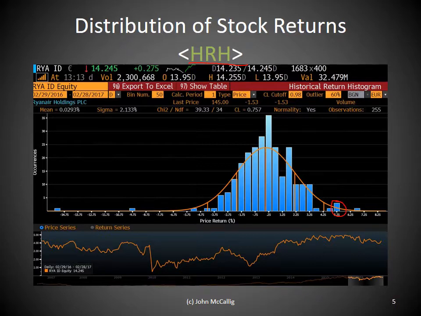There's some big positive returns of 5.25% on one particular day, and there's some big negative outliers as well, minus 5.75% on one day. If we look at sigma up here, that is a measure of the volatility of these returns, and that's 2.133%.